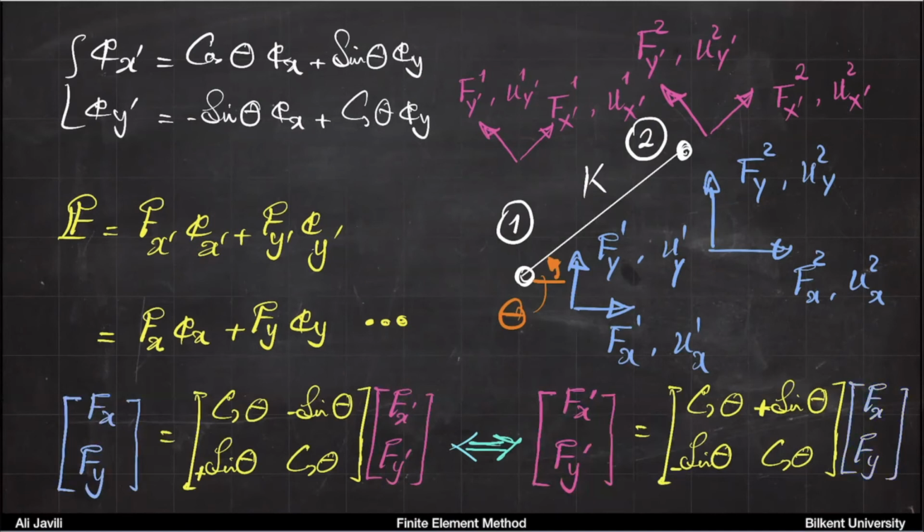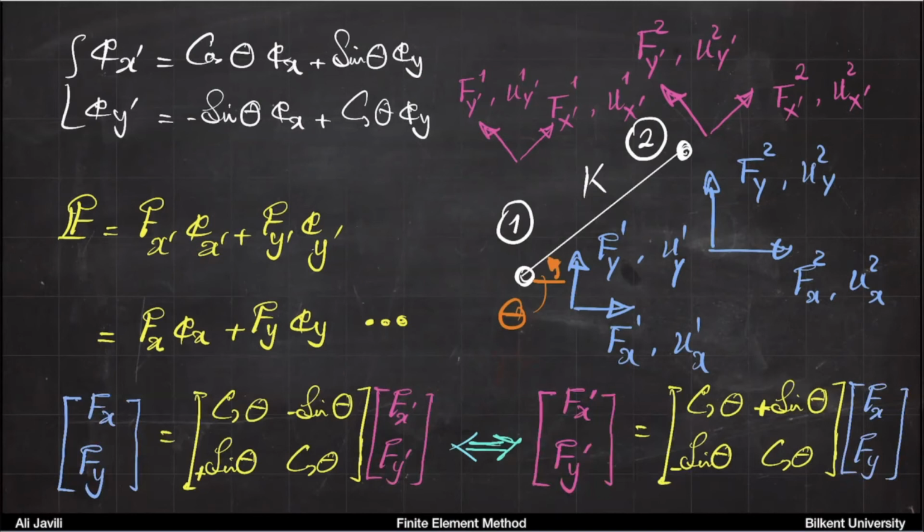Okay, so this is basically what it is, and this is the key relationship to go from one system to the other. Once you understand this, the rest is actually pretty straightforward at least. And that's what we are going to do.